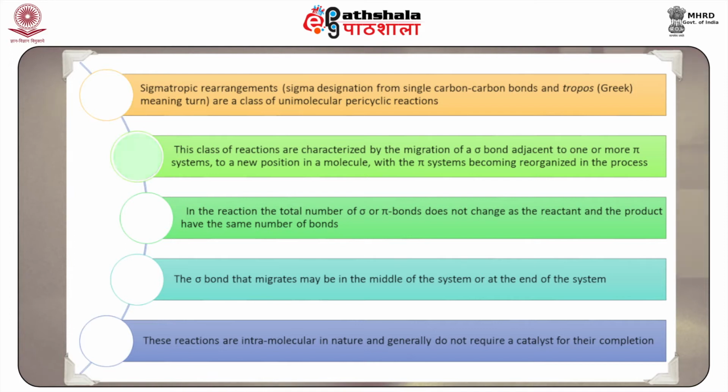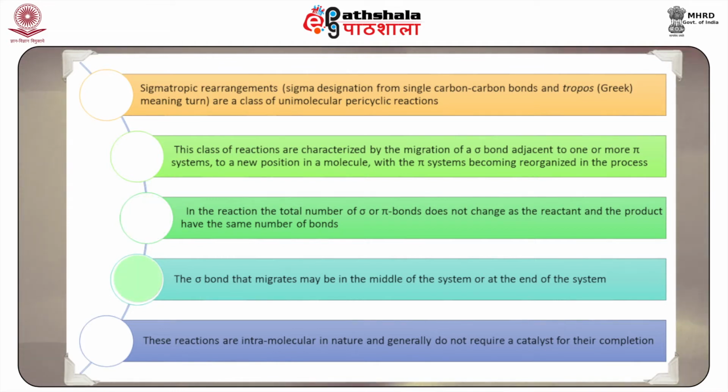This class of reactions is characterized by the migration of a sigma bond adjacent to one or more pi systems to a new position in a molecule, with the pi systems becoming reorganized in the process. In the reaction, the total number of sigma or pi bonds does not change, as the reactant and the product have the same number of bonds.